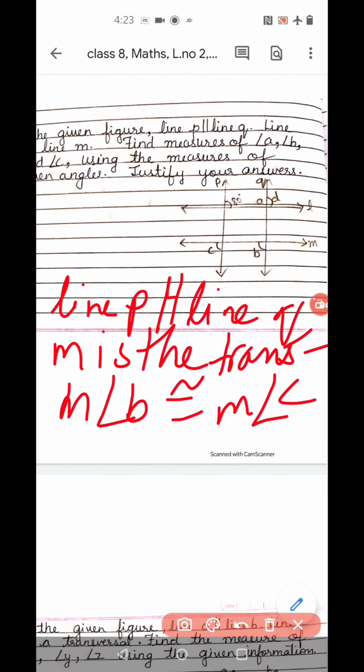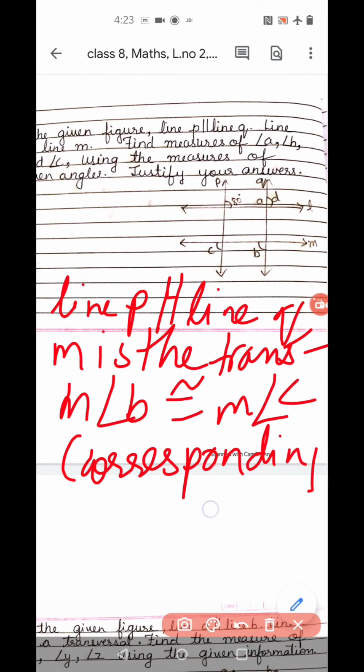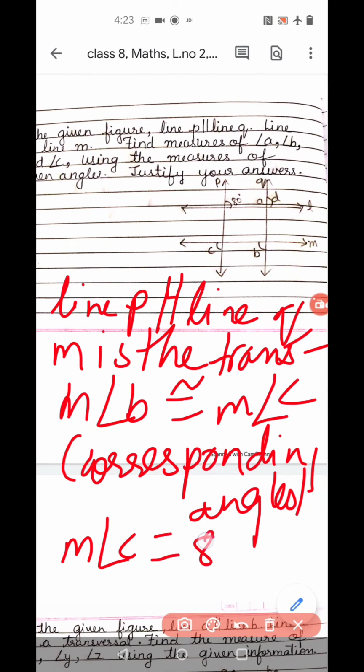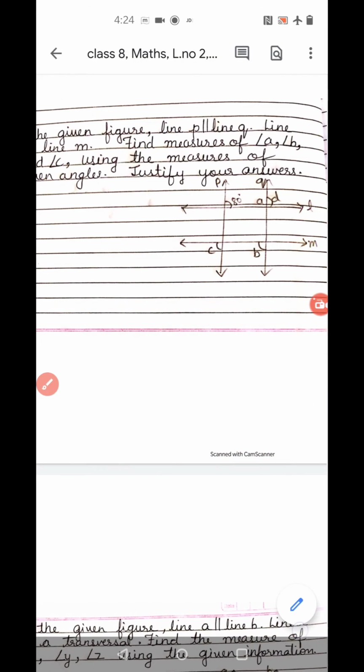They both are corresponding angles, so you have to write corresponding angles. Therefore, measure angle C is equal to 80 degrees. So we got all three answers: measure angle A is 100 degrees, measure angle B is 80 degrees, and measure angle C also is 80 degrees.